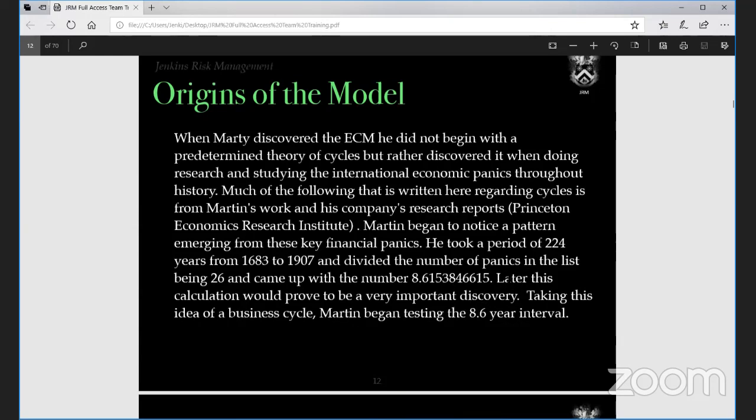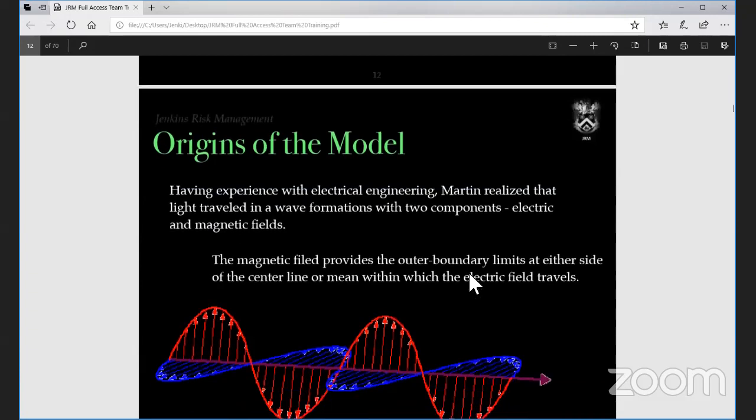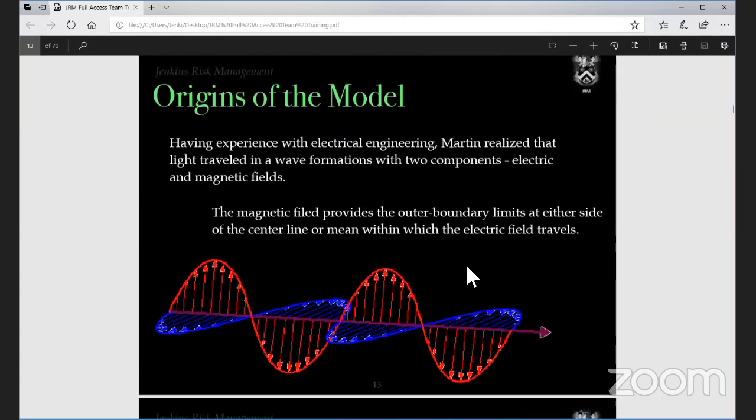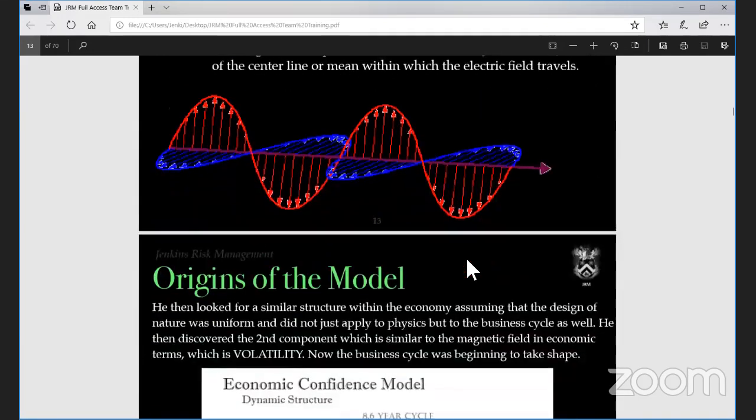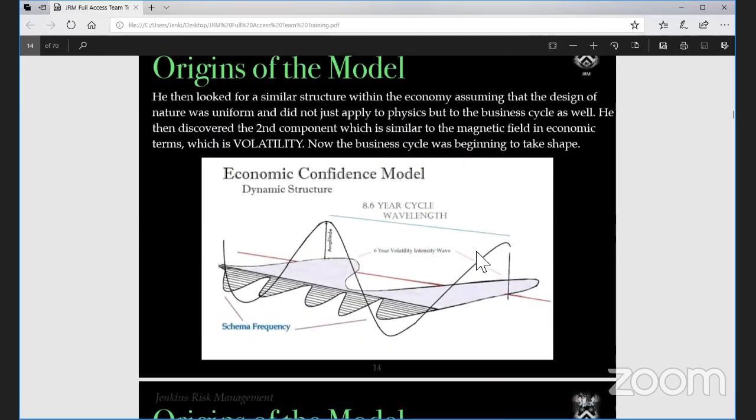He realized there's about 8.6 years that this cycle of boom and bust played out. Through his study, the global business cycle is on an 8.6 year cycle. And it's about confidence, guys.